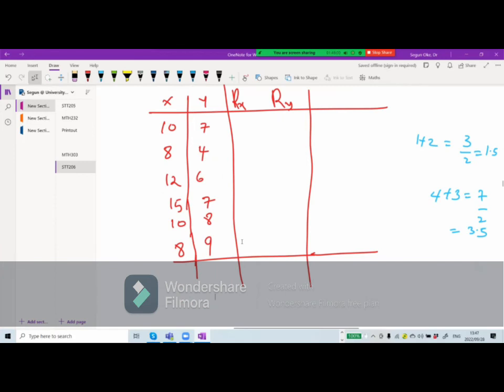We want to rank. I will just rank with their number. I'm ranking this. Which one is the lowest value here? 8. This is number 1. And this is number 2. Are you getting it now?